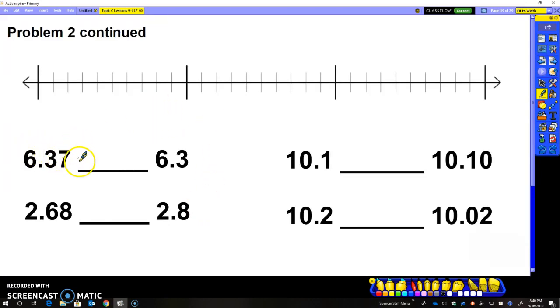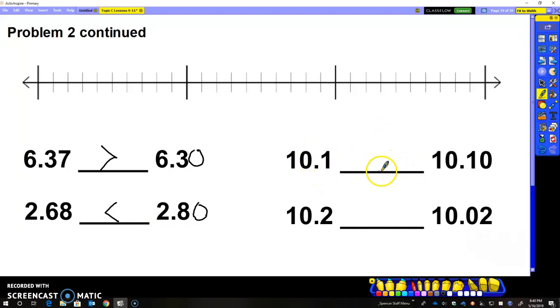Alright, 3 and 37/100 versus 6 and 30/100. Well, 30/100 is less. Here we have 2 and 68/100 and 2 and 80/100. Again, that 0 isn't necessary, but it shows that this 8/10 is greater than those 6/10.